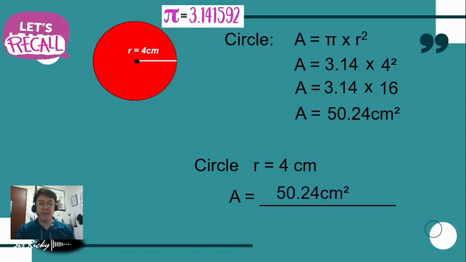Therefore, the area of a circle with 4 centimeter radius is 50.24 square centimeters. So that's how we find the area of a polygon named square, rectangle, triangle, parallelogram, and circle.